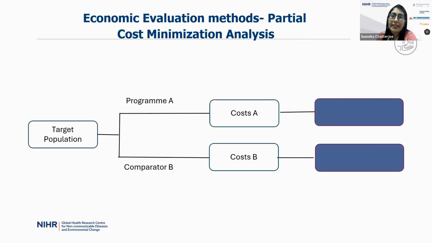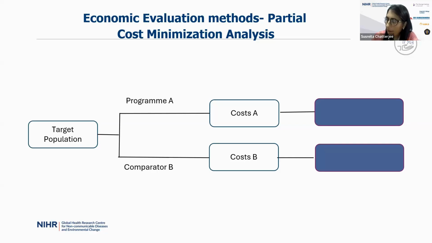Cost minimization analysis. Here, suppose you have two alternatives. I am giving you always two alternative examples, but in reality, there can be many alternatives available, okay? And you have to choose one. So here I'm just giving you two. Now, you have COVID-19 vaccination, you have the treatment.